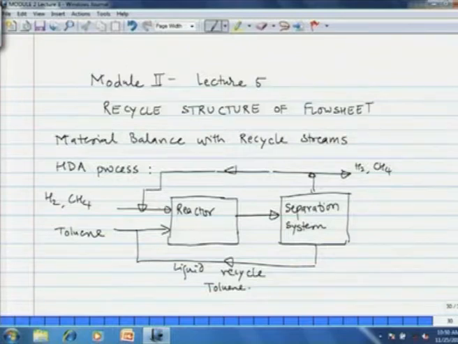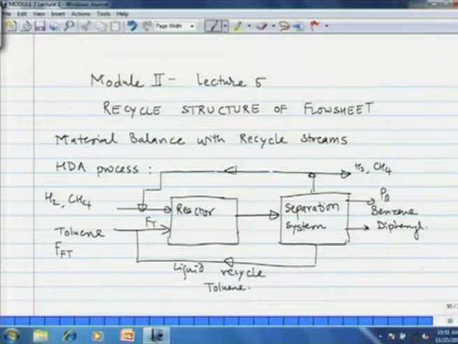Let Ft denote the total toluene feed to the reactor, out of which some part comes as a recycle stream and other as fresh stream. Okay. So, the fresh toluene that is fed to the reactor is denoted by FFT. Okay. And now we try to do material balance for a certain production rate of benzene and also diphenyl as a side product.